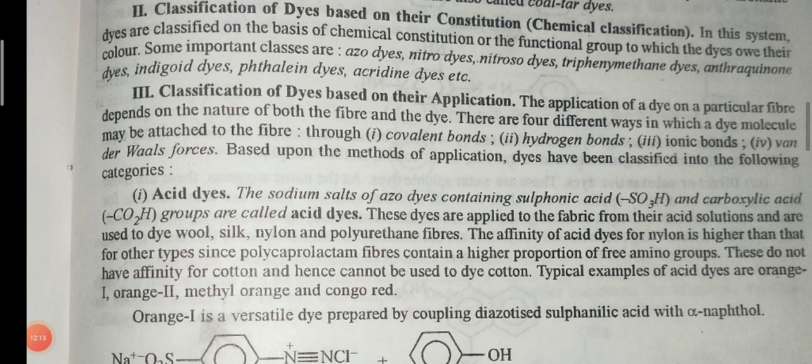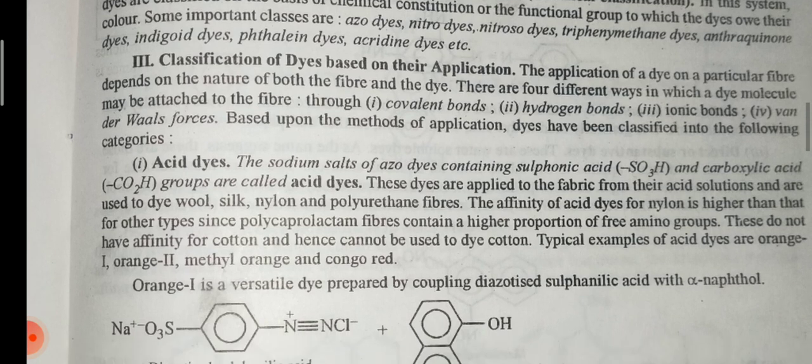The application of a dye on a particular fiber depends on the nature of both the fiber and the dye. There are 4 different ways in which a dye molecule may be attached to the fiber: through covalent bond, hydrogen bond, ionic bond, van der Waals forces. Based upon the method of application, dyes have been classified into the following categories.